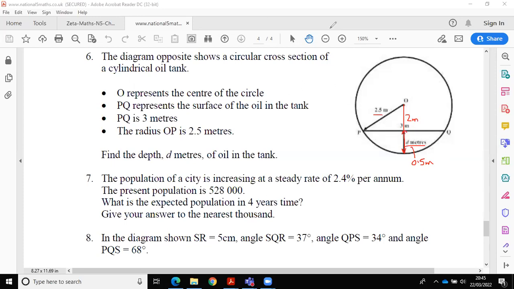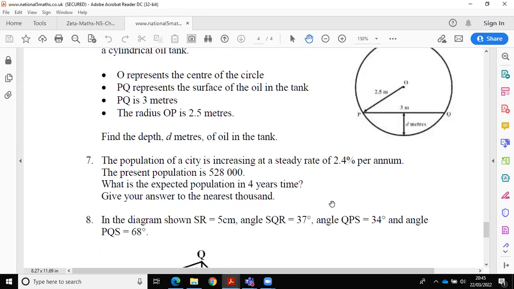Last question of the night is a percentage question. Remember, you're just looking at appreciation, or that increase percentage.